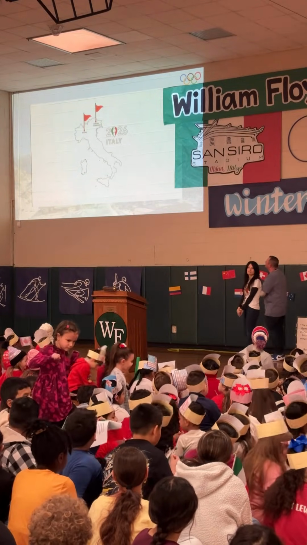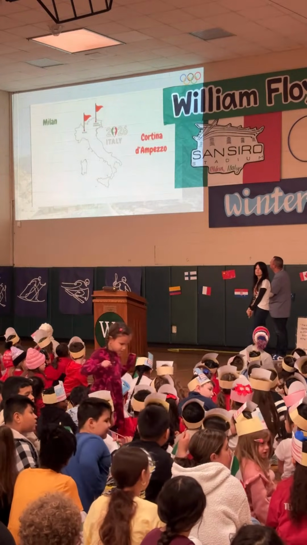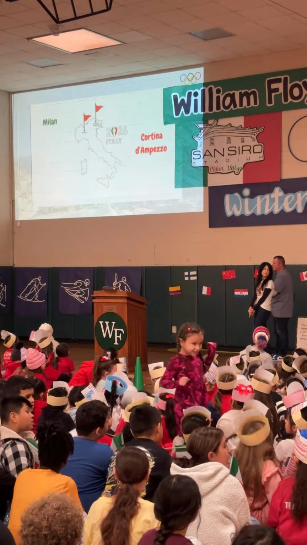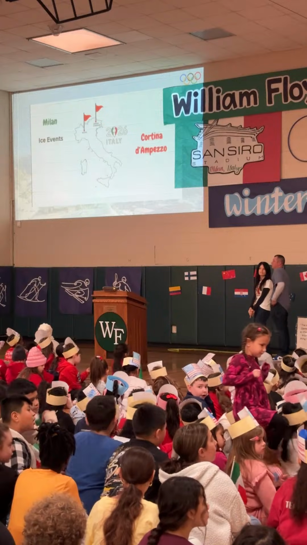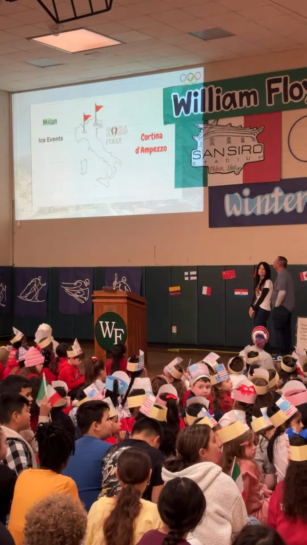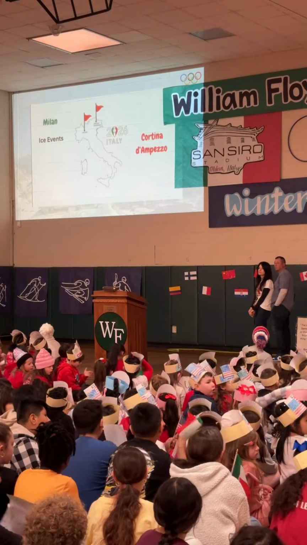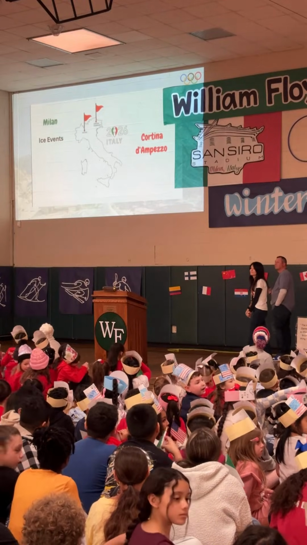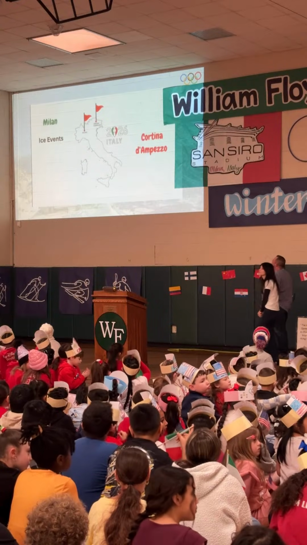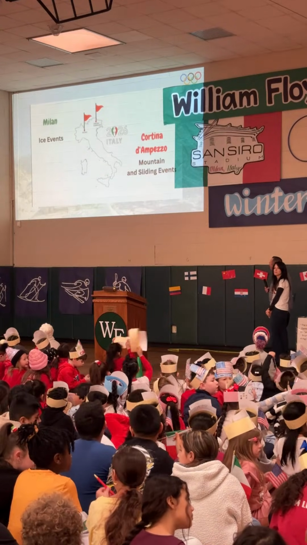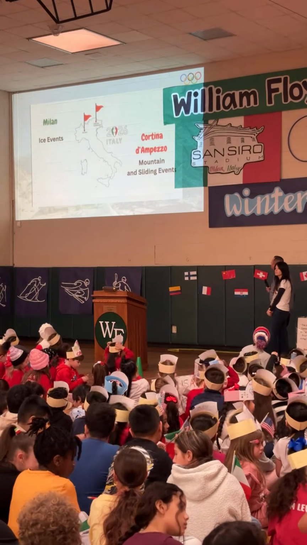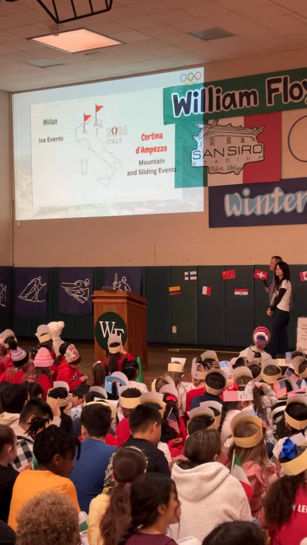regions in northern Italy. Milan, Italy's fashion and business capital, will host most ice events like figure skating, hockey, and short track speed skating. Meanwhile, Cortina d'Ampezzo, a charming alpine town known for its ski slopes, will host mountain and sliding events like alpine skiing, bobsleigh, and luge.